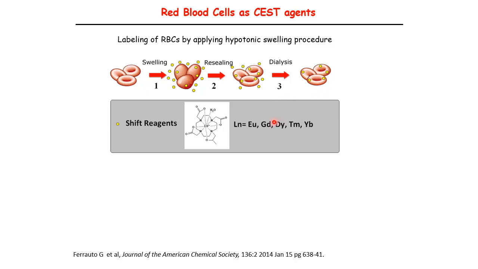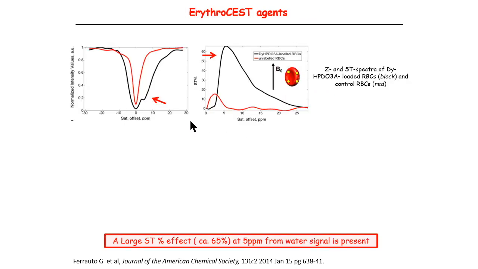According to the kind of agent we have internalized, we may have a different shift for the exchangeable pool of protons. When it is reported as what is called the CEST spectrum or Z-spectrum, we look at the suppression of the water signal at the frequency of the water inside the cell.